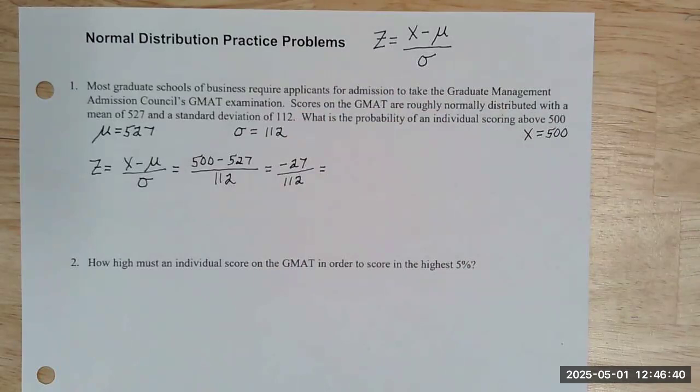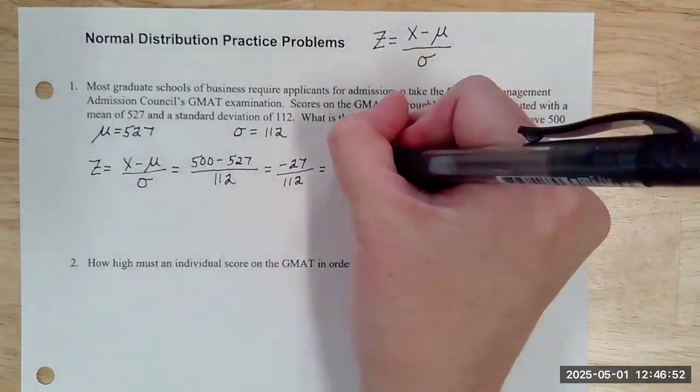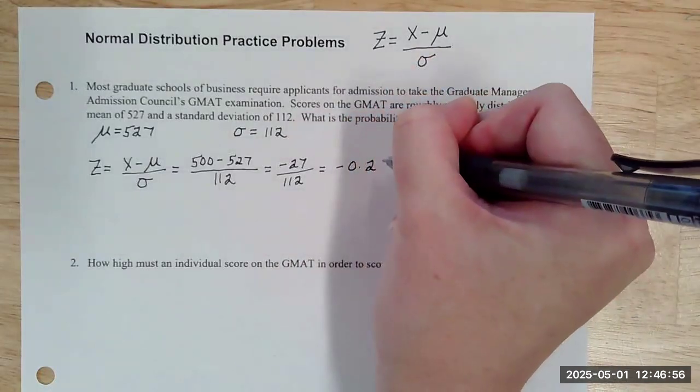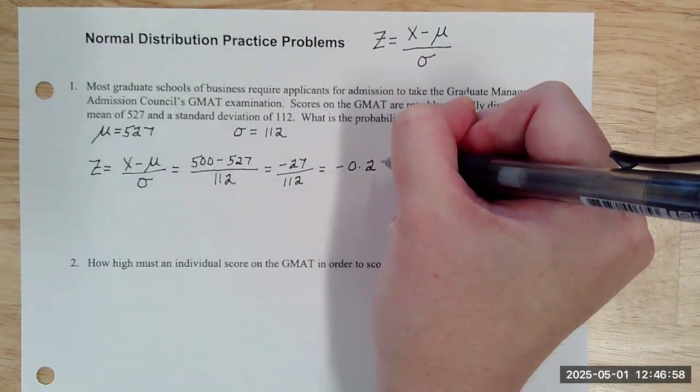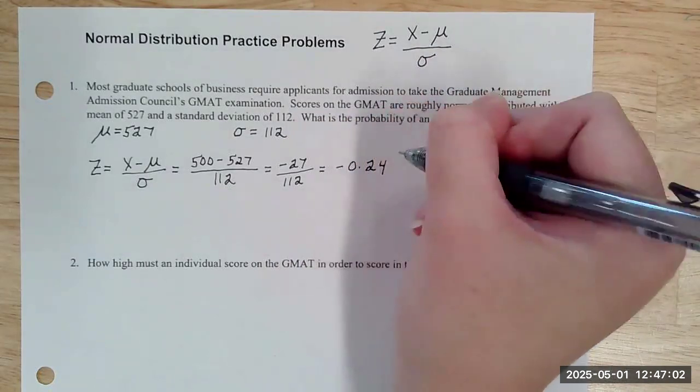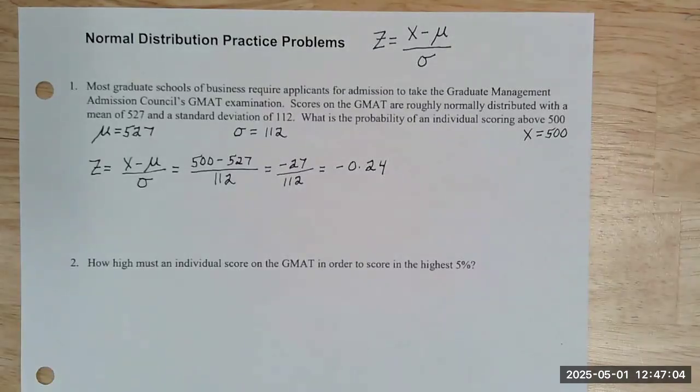Negative 27 divided by 112 gives me a negative 0.241. When we use our table, it only lets us do z-scores to 2 decimal places. So I'm going to write just negative 0.24, but 0.241 was the next decimal place. So that's why I didn't round it up. Kept it down.